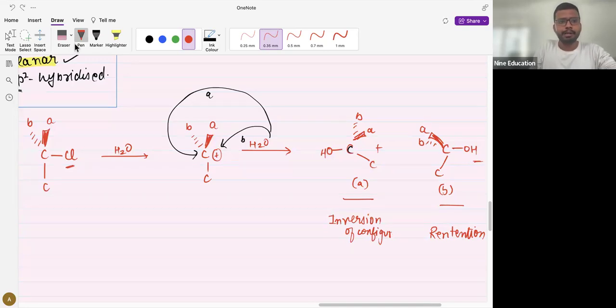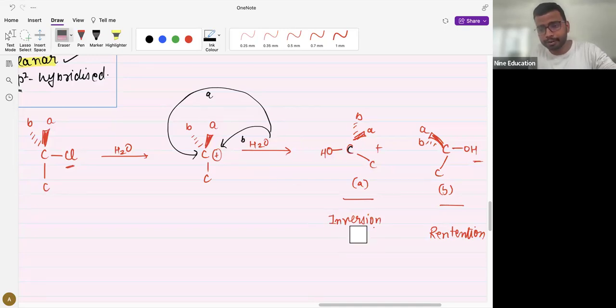So अगर OH has to attack from this side or from that side, we can have one inverted product and one retention product. So we can have two products.